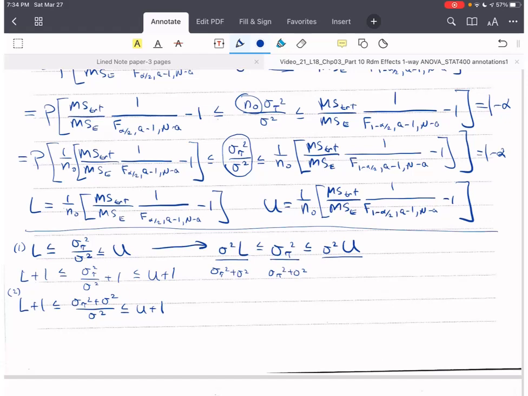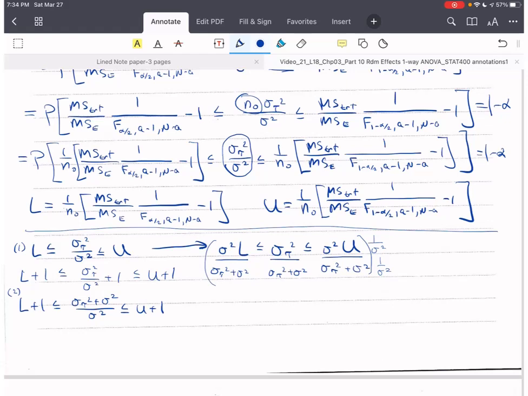And since all of these quantities are positive, I don't have to change the sign of my inequality. Okay? And now I want to rewrite this. I'm going to multiply by 1 over sigma squared in the top and the bottom. So I'm multiplying by 1 overall, but I'm going to do that across the whole inequality, all three portions.